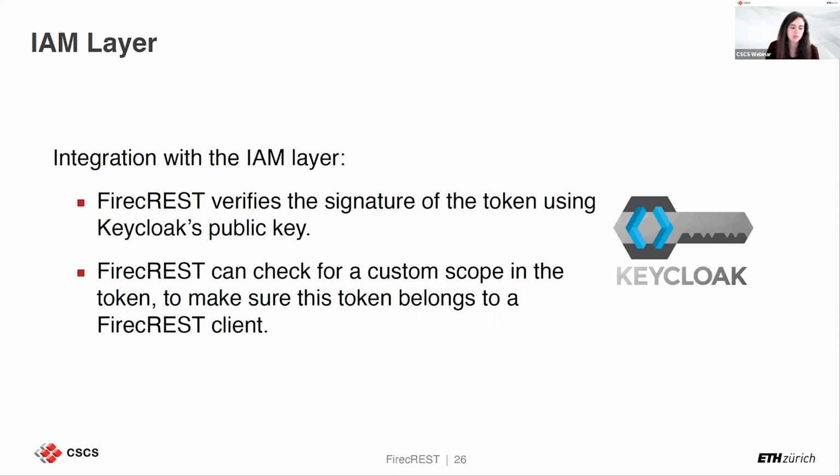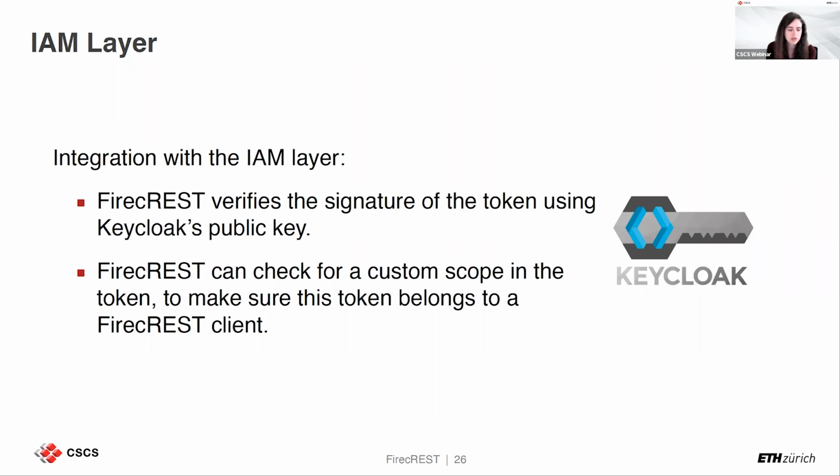We already saw a bit about the IAM layer, but let's give you some more information. At CSCS, we use Keycloak to get these OIDC tokens, and the way that FirecREST integrates with the IAM is by verifying the signature of the token using the Keycloak's public key.